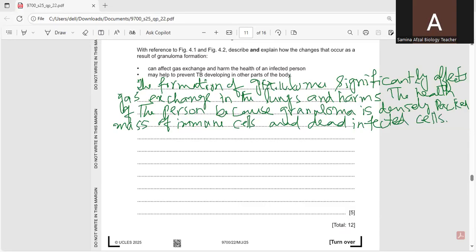Immune cells means it also contains the macrophages and lymphocytes.